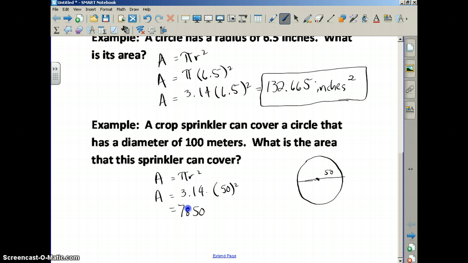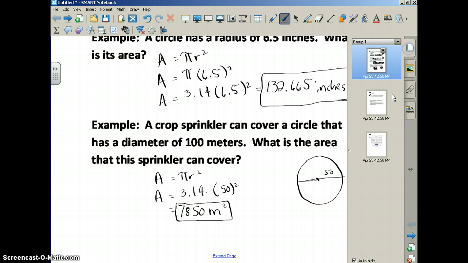So think for a second, what are our units here? It says in the problem that we have meters, so our answer must be in meters squared. Okay, let's go on.